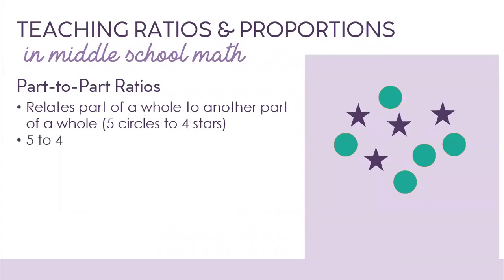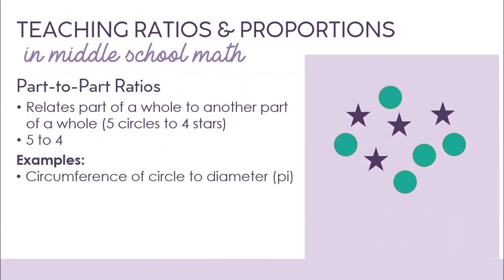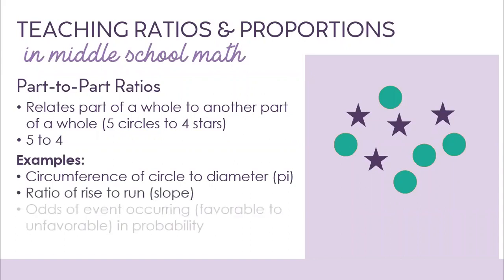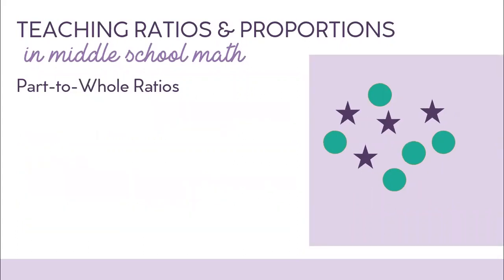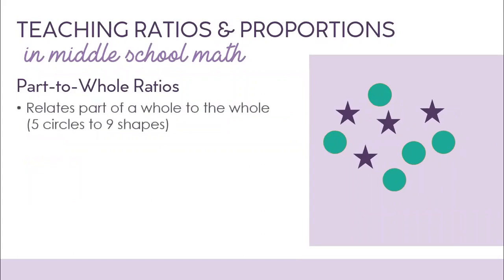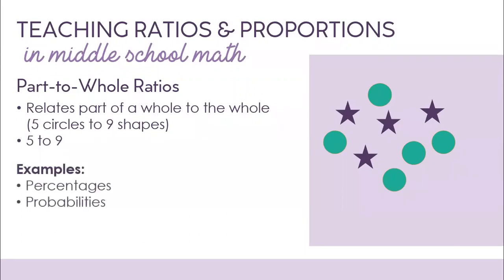Examples of where we see this type of ratio are the circumference of the circle to the diameter, the ratio of rise to run, and the odds of an event occurring in probability. The next type is part to whole, which relates a part of the whole to the whole amount, like 5 circles to 9 shapes, or 5 to 9. A few examples of that type of ratio are percentages and probabilities.